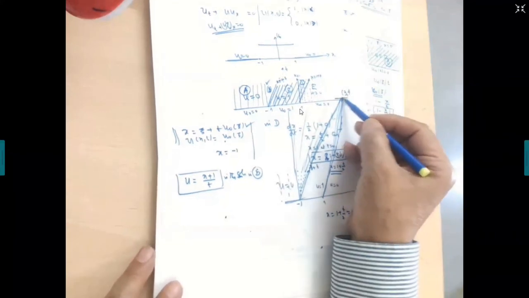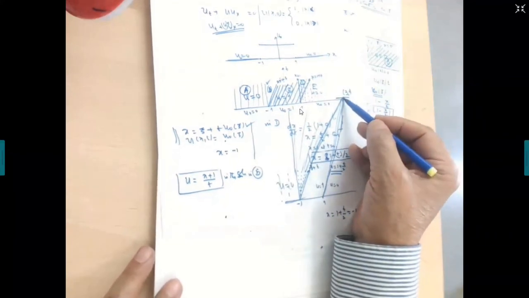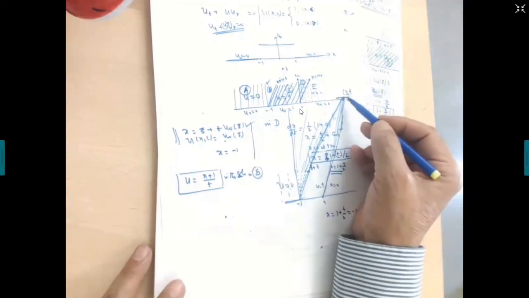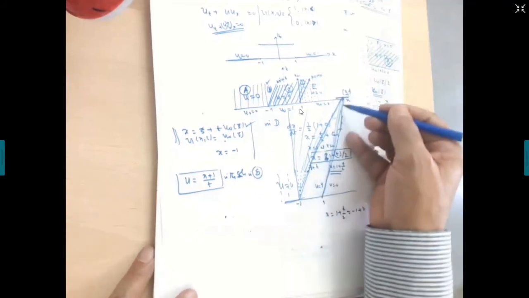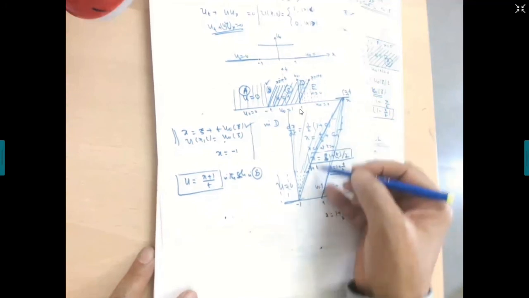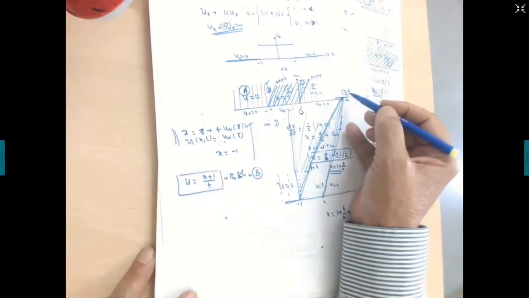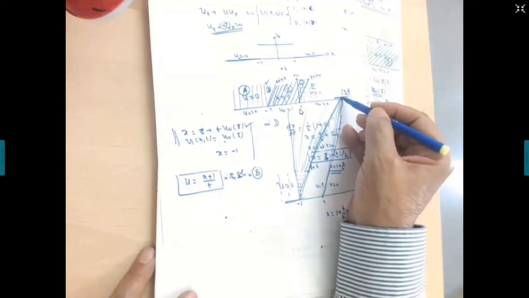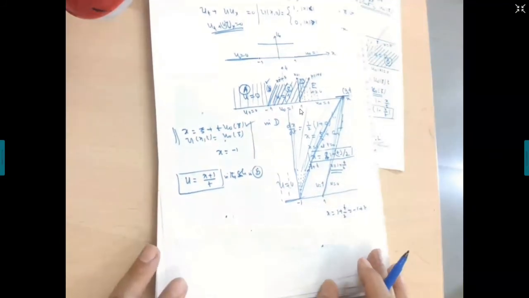So here, of course, what happens? Here the solution becomes multi-valued, am I right? Because these are the characteristics issuing from this part, they are like this. So here, the characteristics, in fact, intersect.